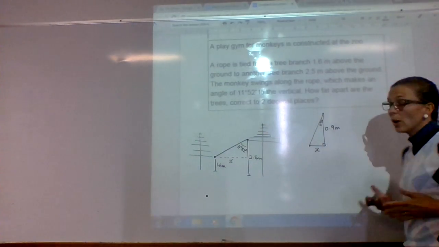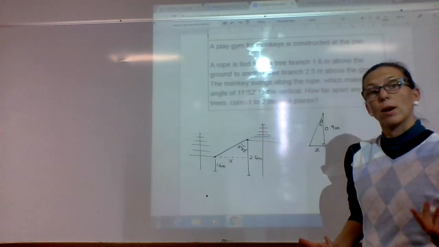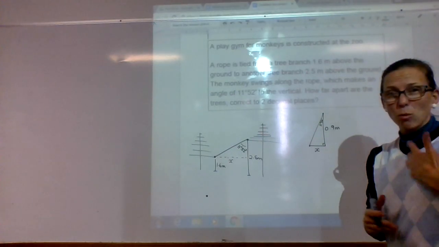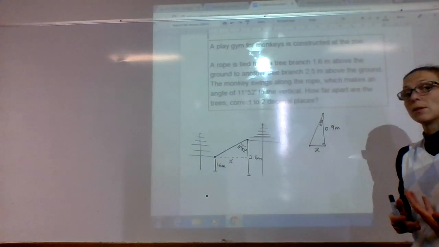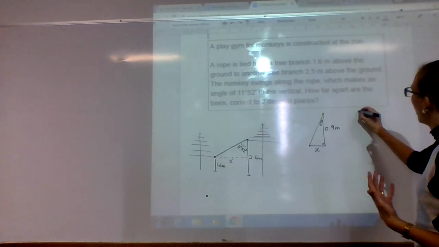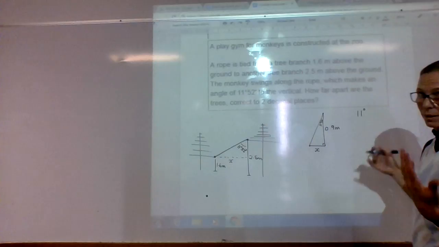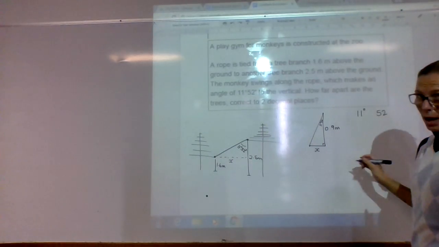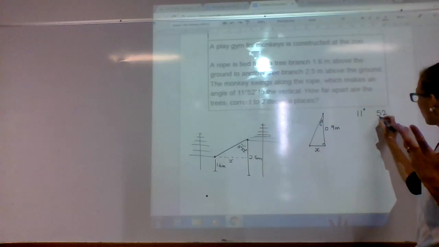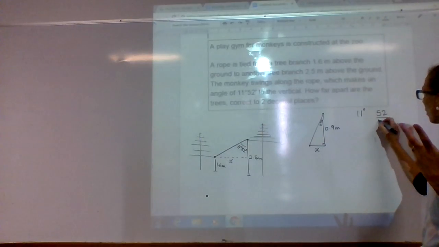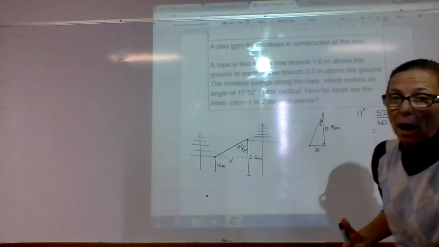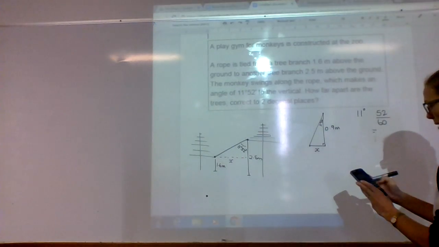Now, first thing is here, we've got an angle and it's measured in degrees and minutes. So it will be easier for me to work with it as a decimal. So I've got 11 degrees, that stays the same, and I've got 52 minutes. Now, there's 60 minutes in a degree. So if I go 52 divided by 60, I'm going to get what fraction of a degree that is.